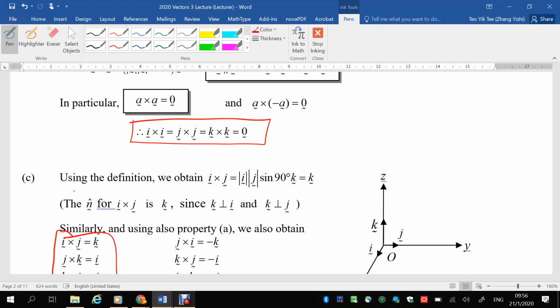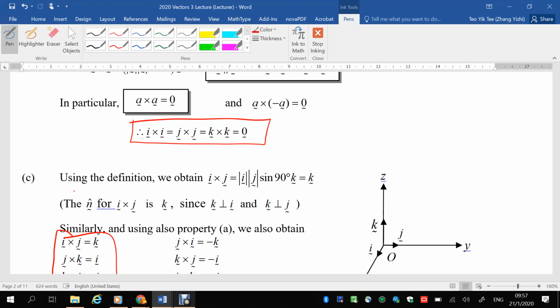So what I'm trying to say here is, you decide on the convention, and stick to one convention in your one whole question. You don't say in part 1 i cross j equals k, then in part 2 i cross j equals minus k. Cannot. When you're doing a question, it's just like how I do a sketch. Everything is unknown, everything is 3D, I'm just doing a sketch.